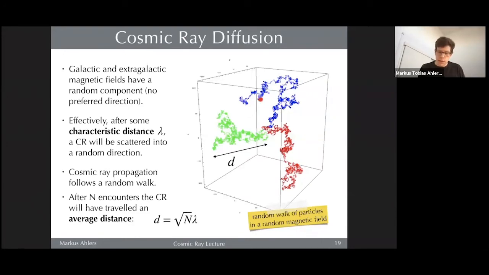Here is a simulation where this turbulence is taken into account by a random Brownian motion of cosmic rays. For this Brownian motion, you can estimate that the typical distance a particle will scatter depends on the square root of the number of scatters, the number of deflections in turbulent magnetic fields, times a typical length scale, and this is the effective diffusion length scale that we have to find out here.